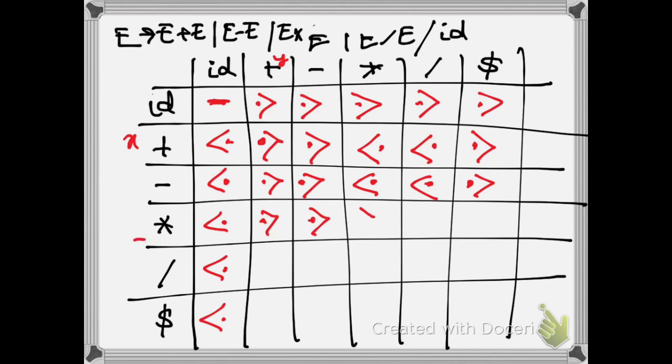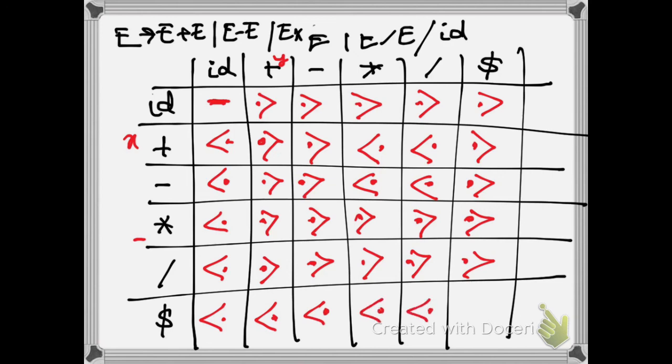Star and star, same precedence, left associativity, so this star will have higher. Then star and division, same precedence, but star is on the left hand side. And star is greater than dollar. Same for division. Division is greater than plus and minus, and again, because of the left hand side, it is greater than star and greater than division. And of course it is greater than dollar.